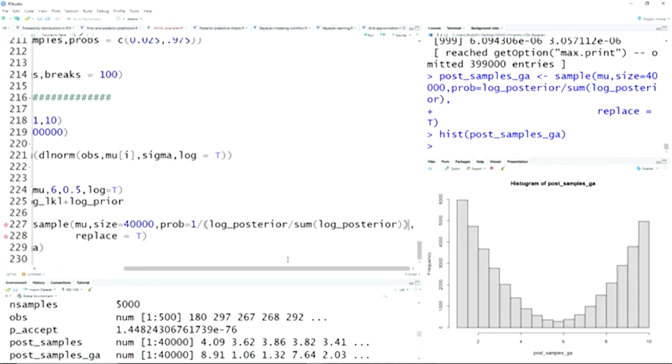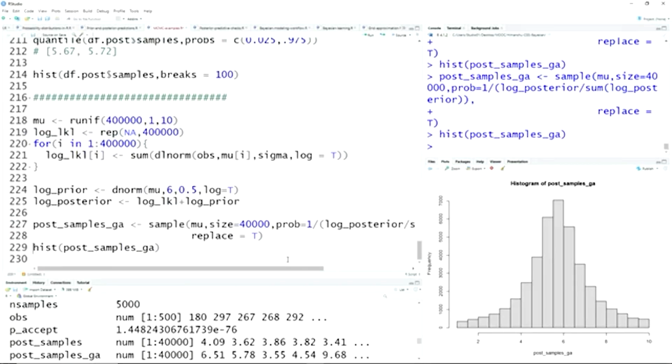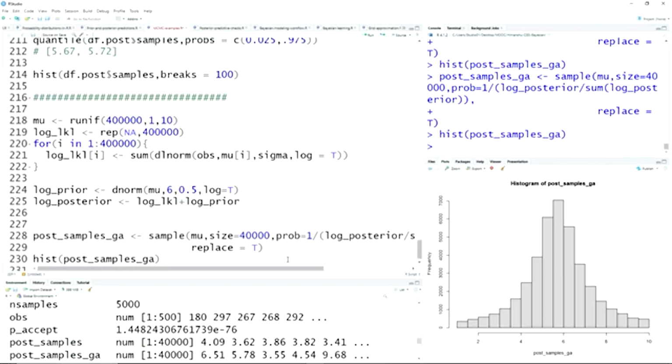So let's see if any of this approach works. Okay, so this slightly works, but I don't think this is giving us the actual posterior. I think we need to figure out a way to assign weights to each value based on log posterior densities.